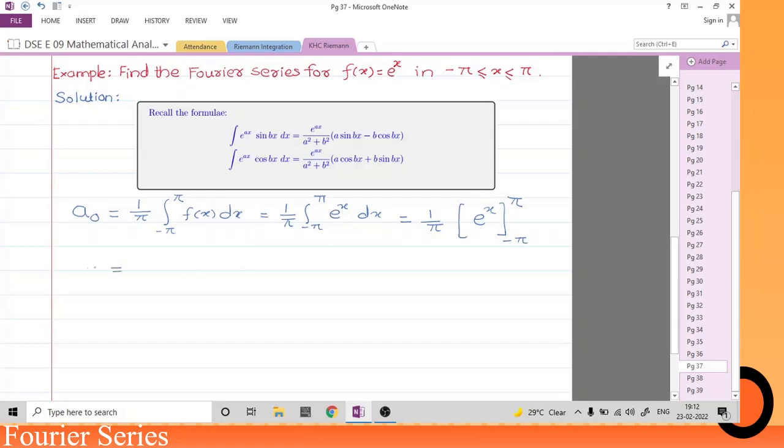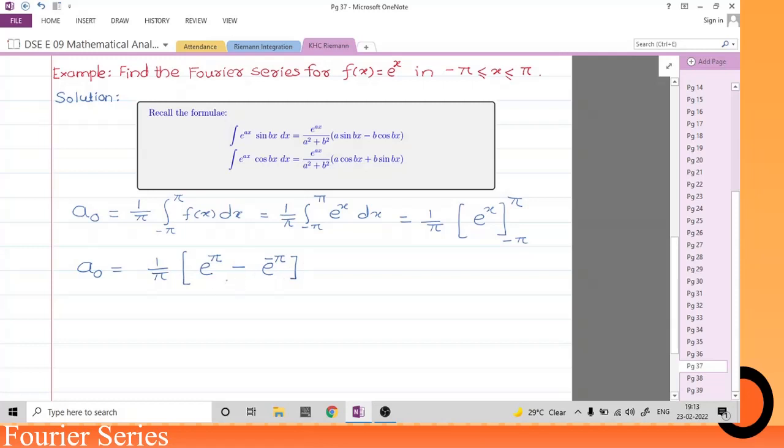Now let us do it. 1 upon pi as it is. First put upper limit e raised to x, put x is equal to upper limit pi, minus, now lower limit. In e raised to x, replace x by lower limit minus pi. So this is the value for a0.